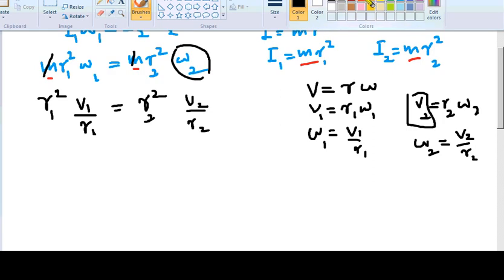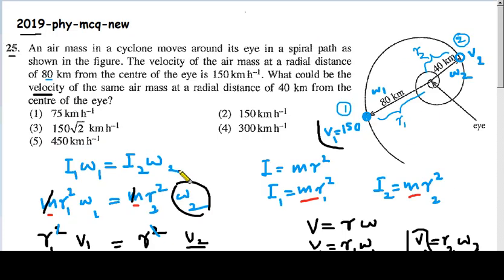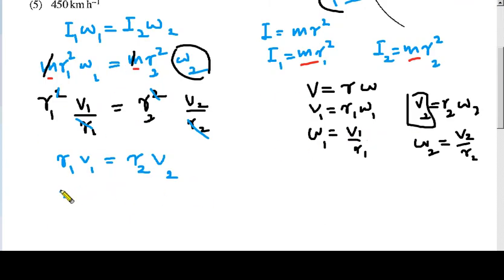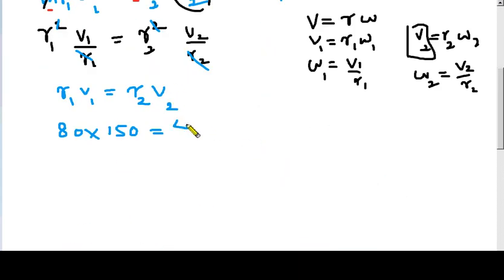Then one r cancels like this. Then r1 v1 equals r2 v2. Now almost done. r1 is 80, v1 is 150. 80 times 150 equals r2 is 40 times v2.